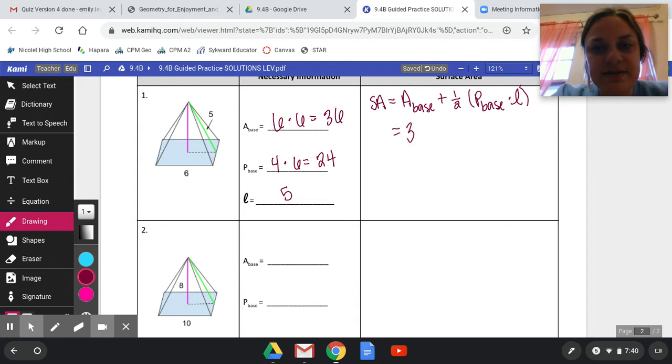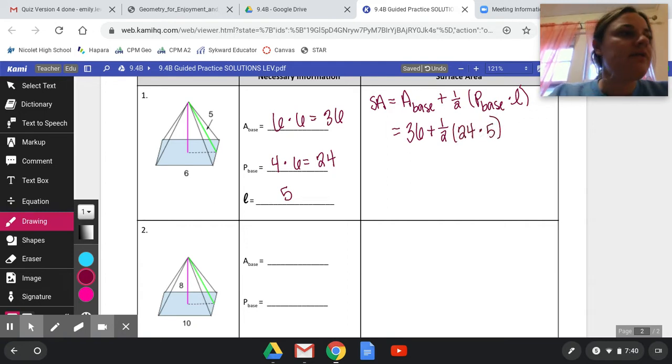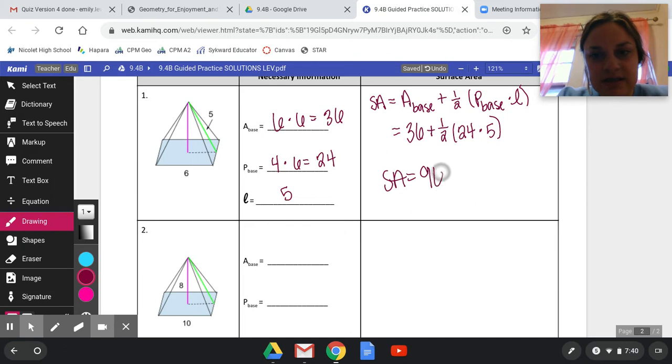So 36 plus 1/2 times 24 times 5. That will give me the full surface area. So I get for my total surface area here, surface area is equal to 96 square units because I'm talking about surface area.